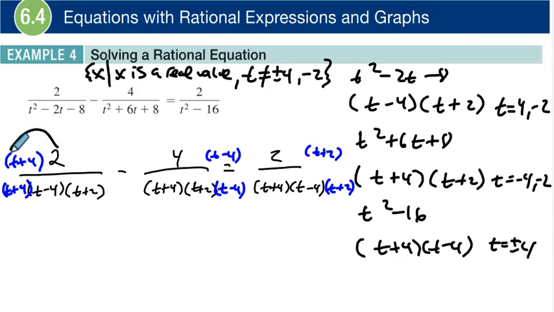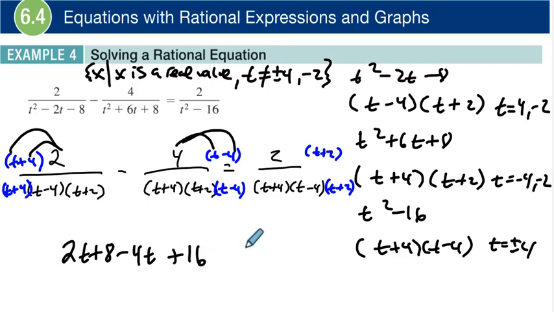Okay, so 2 times t and 2 times 4. So that's 2t plus 8. And then right here, now check this out. This is a -4, by the way. So it's -4 times t and -4 times -4. So -4 times t is -4t, and -4 times -4 is a positive 16.